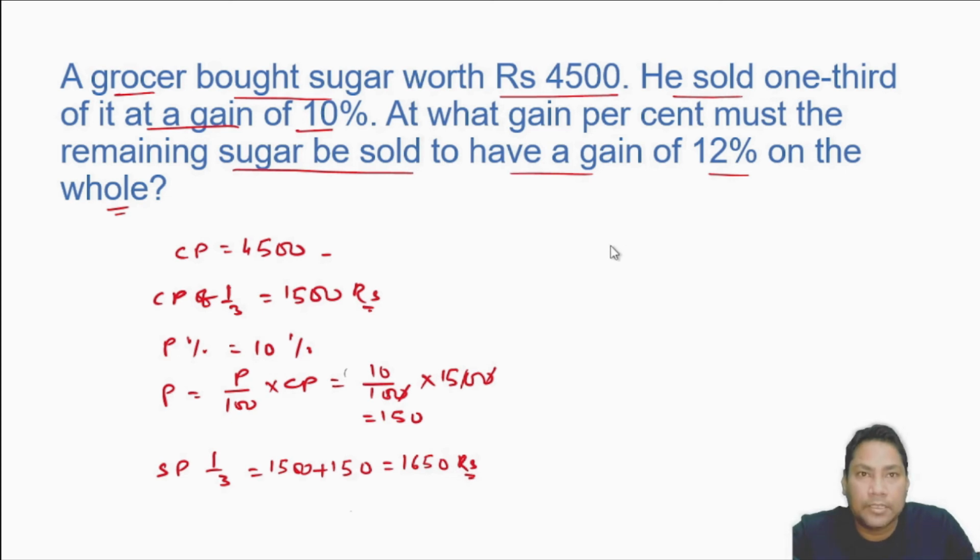Now we will calculate the value of the remaining sugar, or two third. First of all, we will calculate the overall gain. The overall gain percentage is given and the cost price also is given.